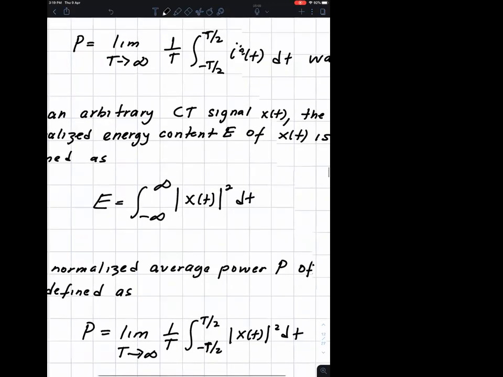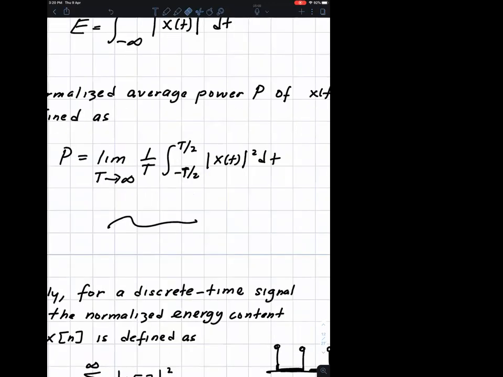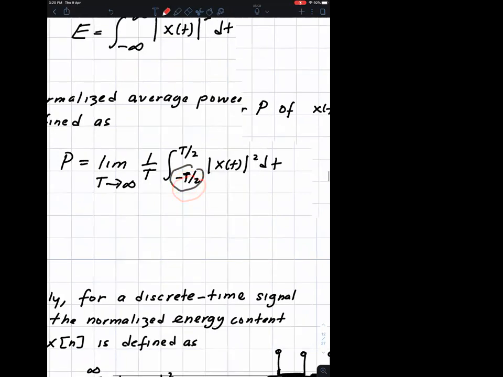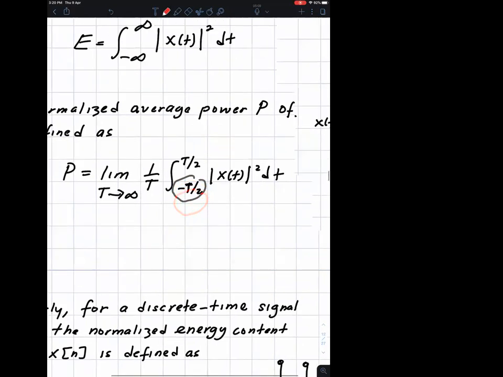It's the same formula. Every time before you come here, you need to go through your lecture. You can apply this formula to find the power.